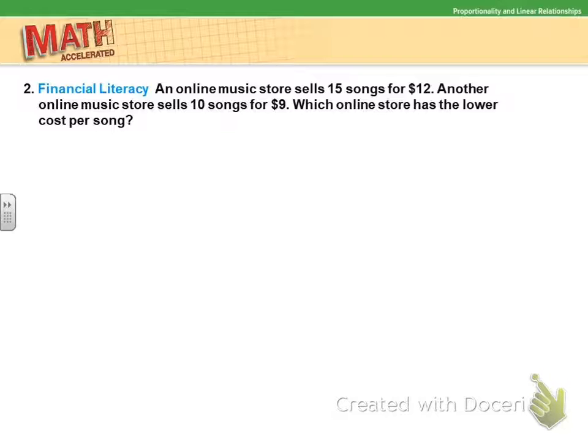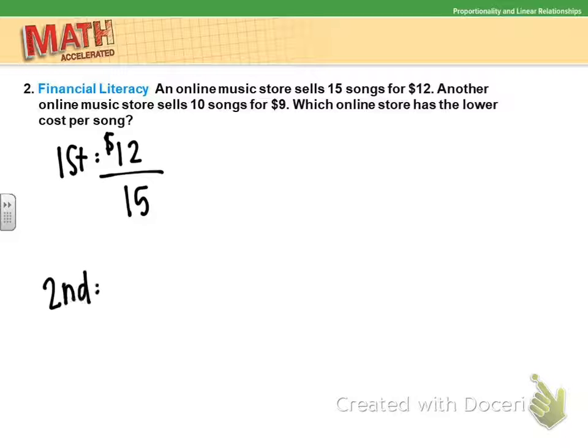All right, so it tells us that the first online store, for $12, I can get how many songs? 15. All right. For the second online store, it tells me I can pay $9 for how many songs? For 10 songs, right?